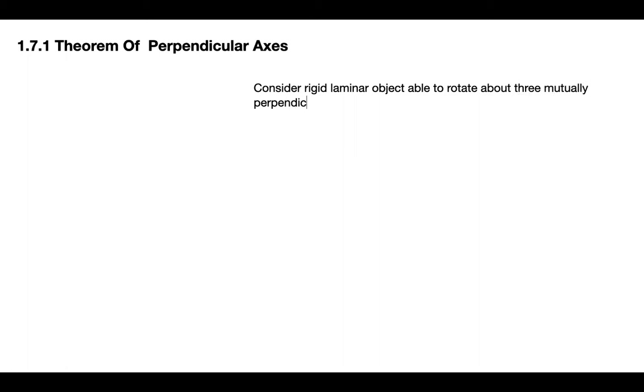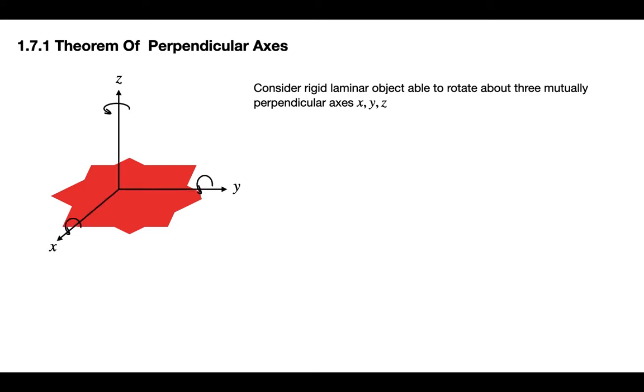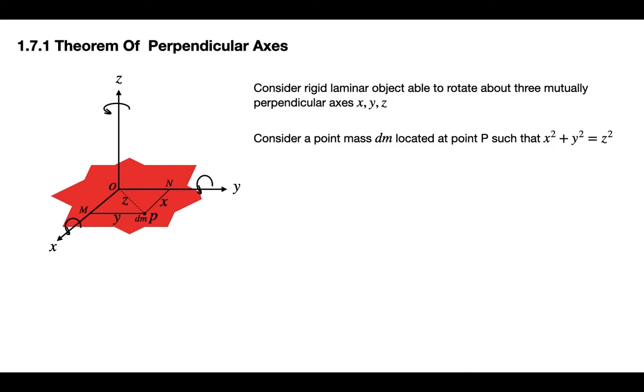Similarly, look at the theorem of perpendicular axis. Consider a rigid laminar object able to rotate about 3 mutually perpendicular axes, x, y, z, the way it is shown. Again, same concept: consider a point mass dm located at point P such that x square plus y square is equal to z square.